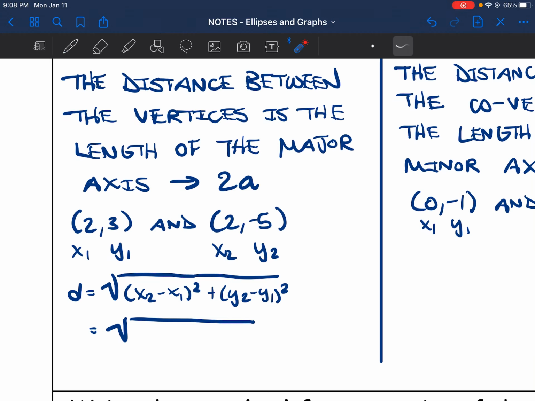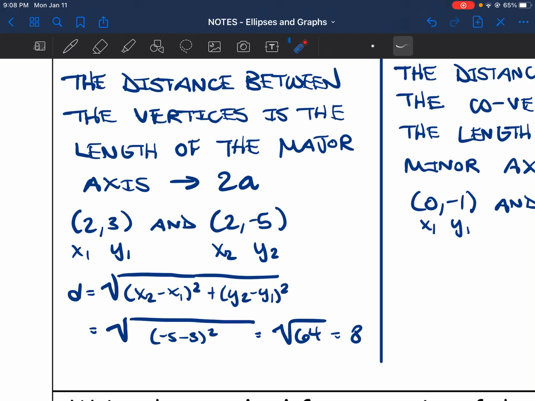Let's plug in some numbers. x2 minus x1, that's going to be 2 minus 2. So this piece eliminates itself entirely. y2 minus y1 squared, that's going to be -5 minus 3, which is -8 squared, and -8 times itself is 64, so the square root of 64 is going to give us 8, just like we saw using a more visual approach.